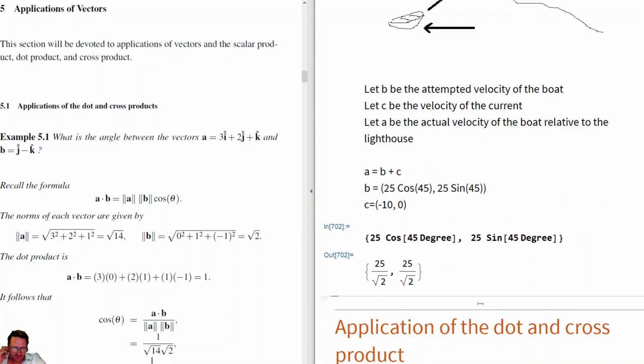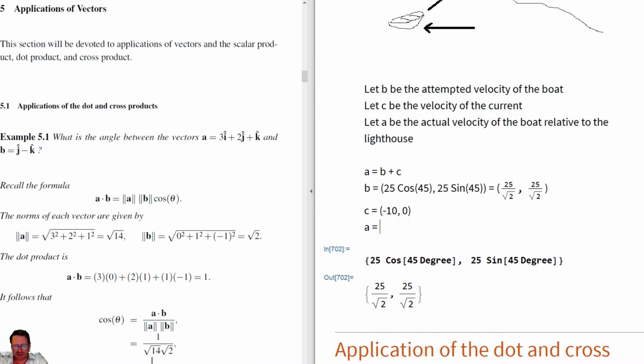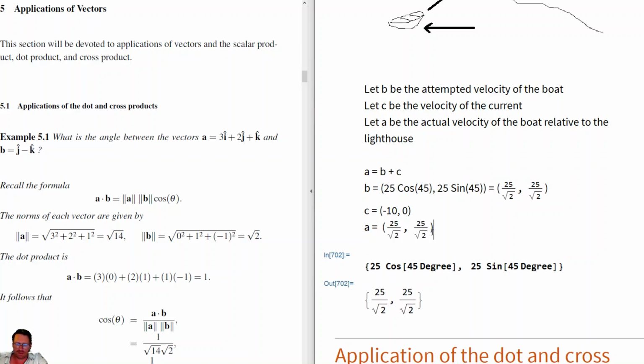Okay, so we have 25 on root 2, comma 25 on root 2 for B. Now C is pretty clear, so again we just need to add these up. A is equal to the sum of those two, this one plus this one.